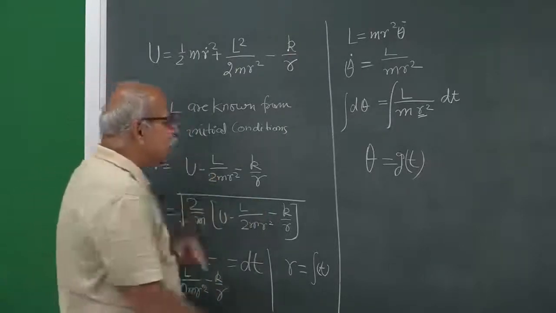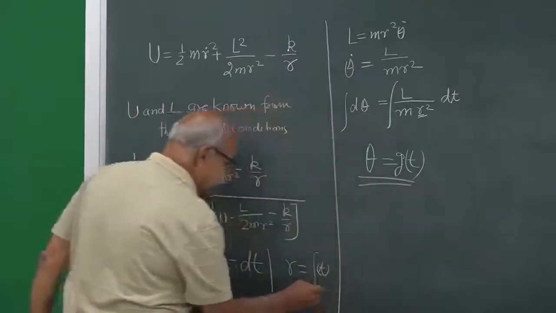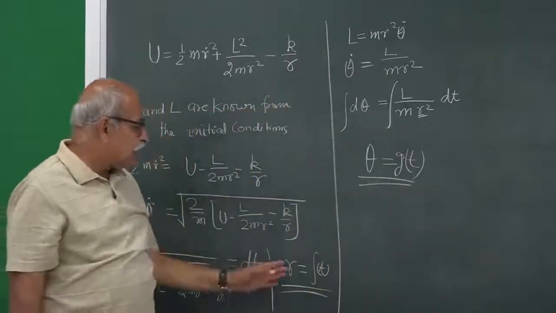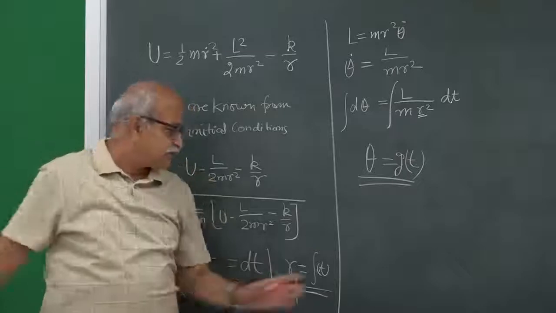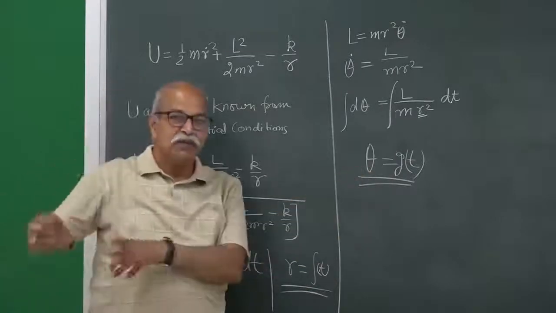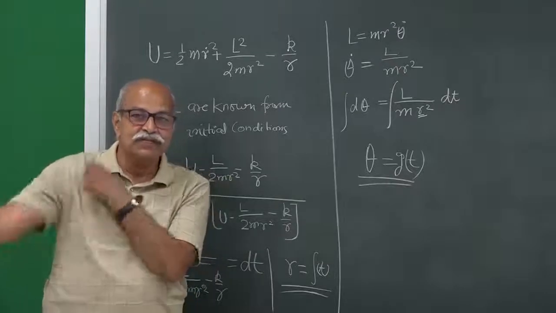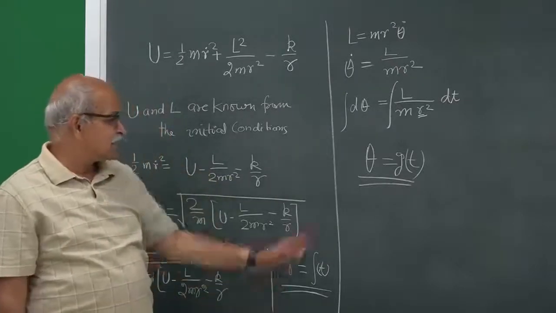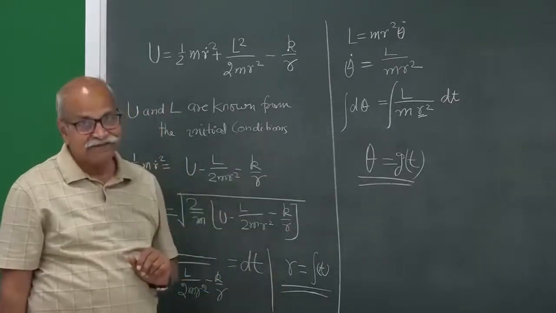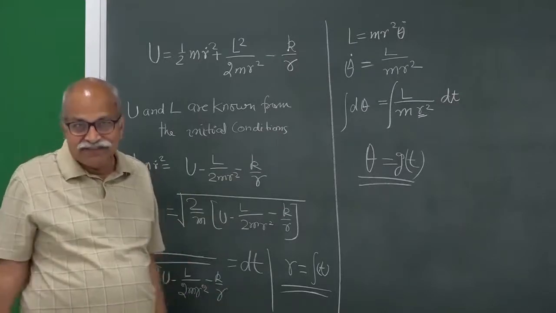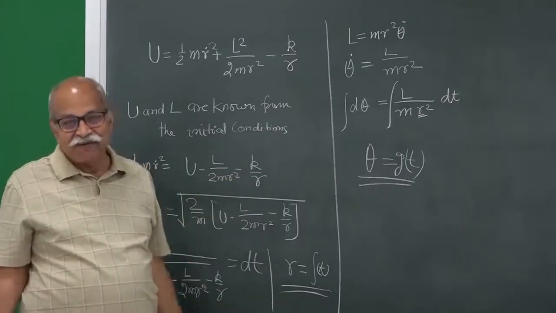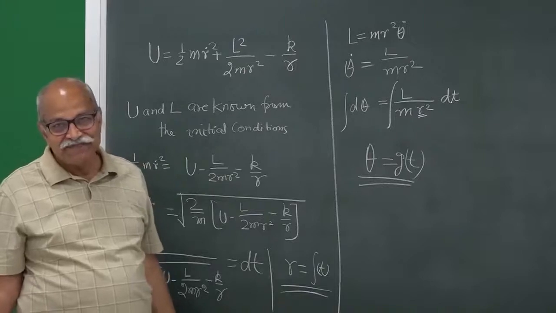And if you eliminate time from these two equations, r is some function of time, theta is another function of time, what do you get? You will get r as a function of theta, that is the path, that is the equation of the path.